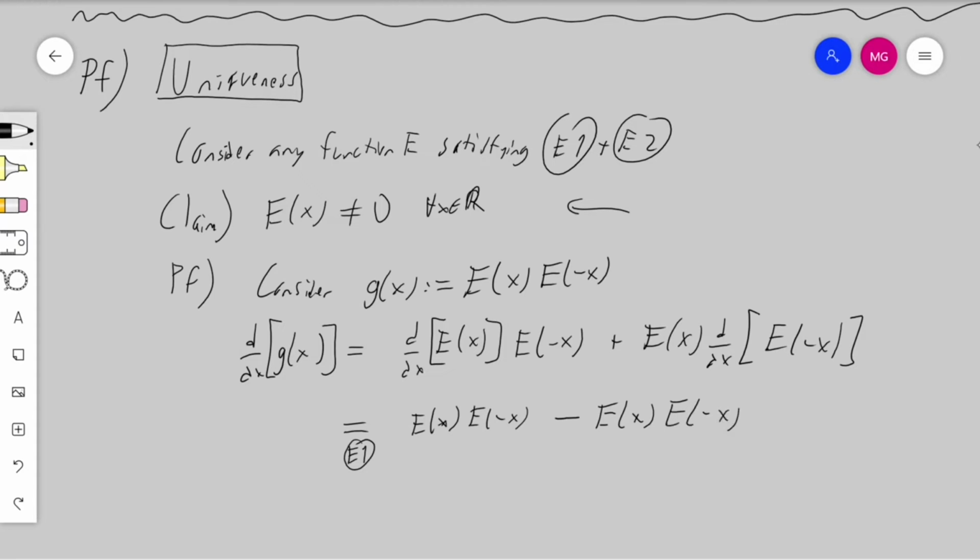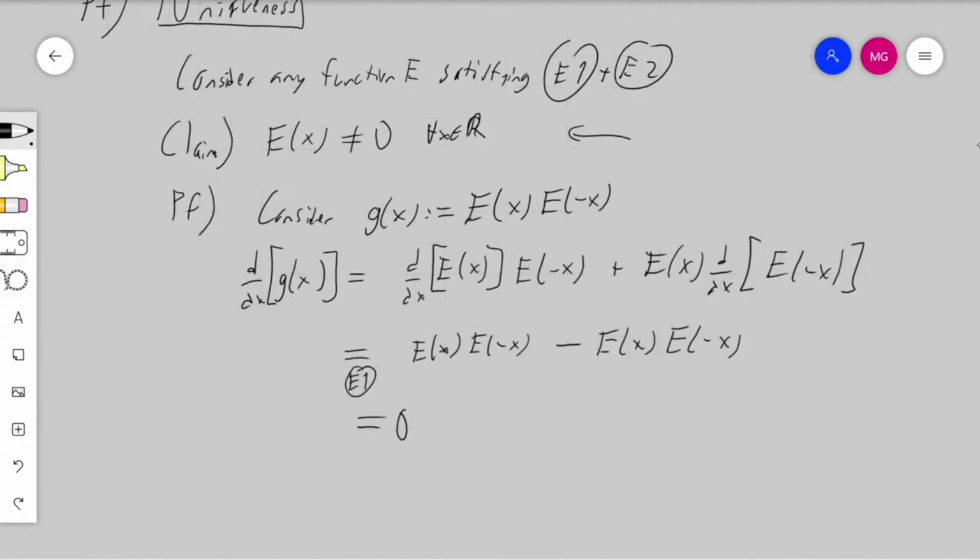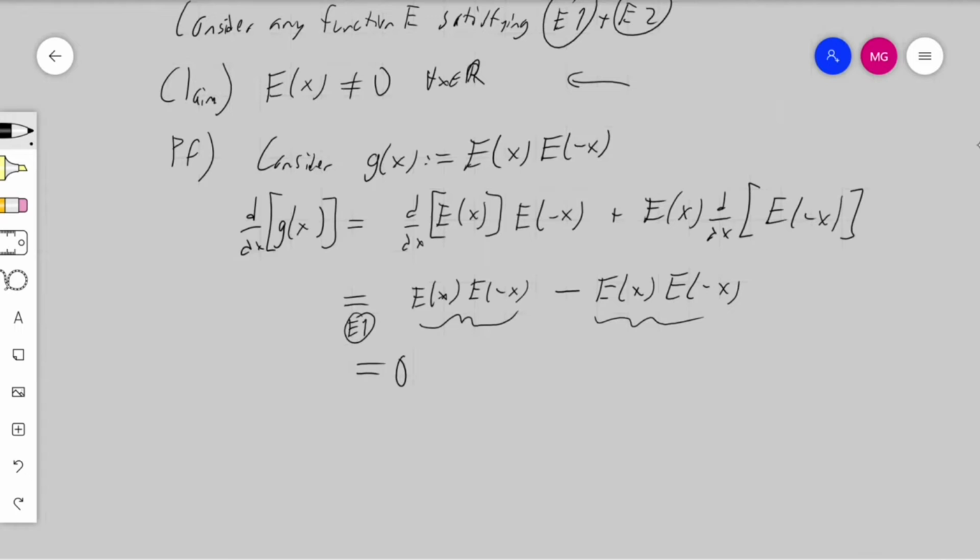And if you take a look at what we have here, this actually is just 0. This term is equal to this term. And so what that means is we just differentiated this function g and we got 0.